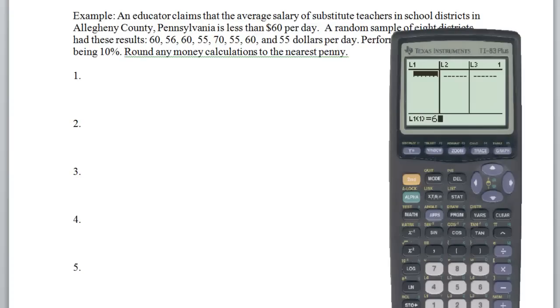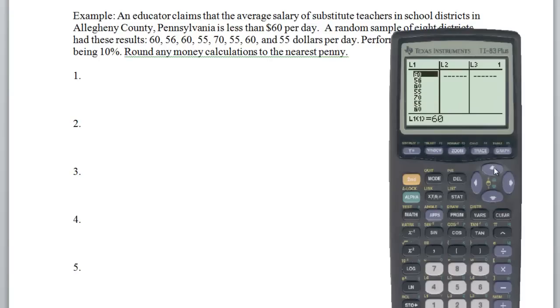I'm not using my number pad, so this is going a little bit slower here. Okay, enter that in. So those are our 8 pieces of data entered. You can scroll up and check your data just to make sure you didn't make any typos, as I'm doing now. All right, looking good.